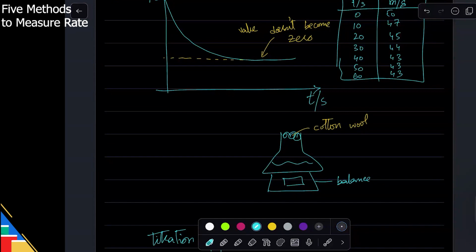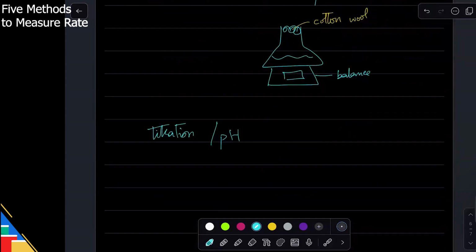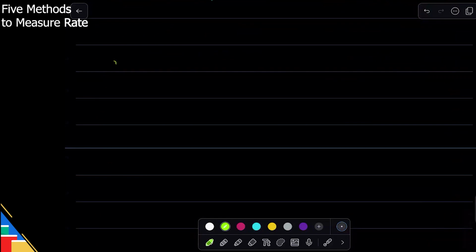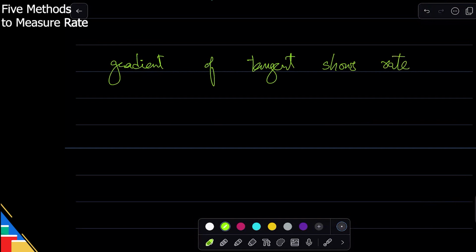No? Okay. Last thing. How do we measure rate of reaction? We look at the graph. The gradient of the tangent shows rate. Of course, I'm making sure that you have volume with respect to time or mass with respect to time, or something with respect to time.